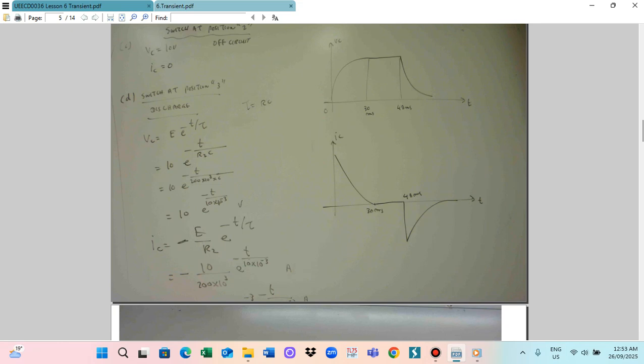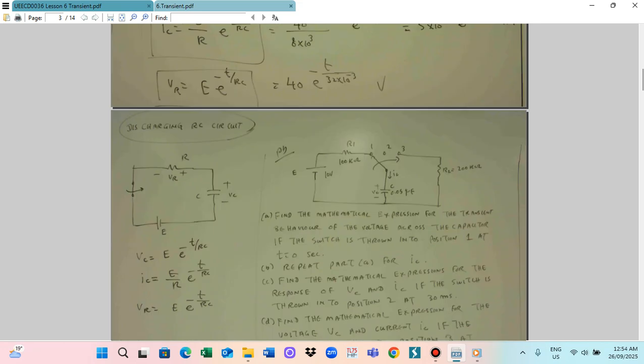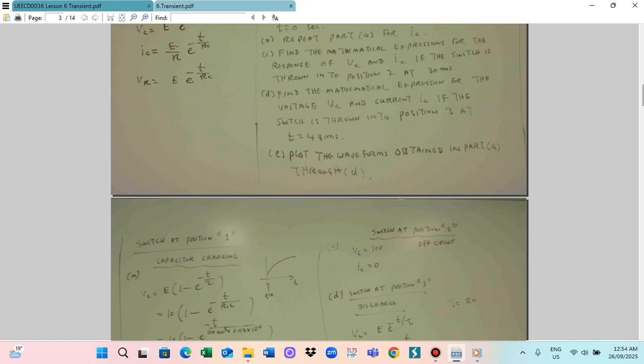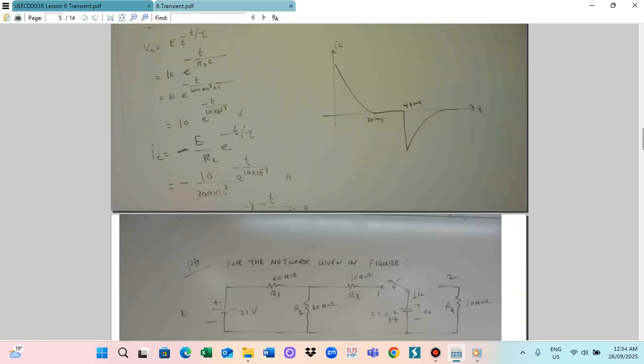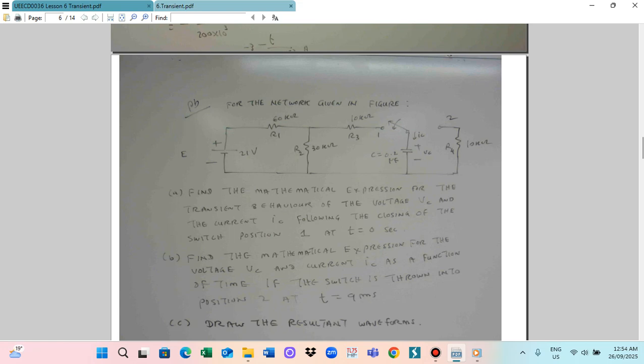For the circuit behavior, when the switch is at position 1, the current flows from E through R1 and through the capacitor, so the capacitor will be charging. At the middle position 2, the circuit is totally disconnected, so the capacitor retains the voltage. At position 3, the capacitor discharges its current into resistor R2. So this is the circuit behavior.